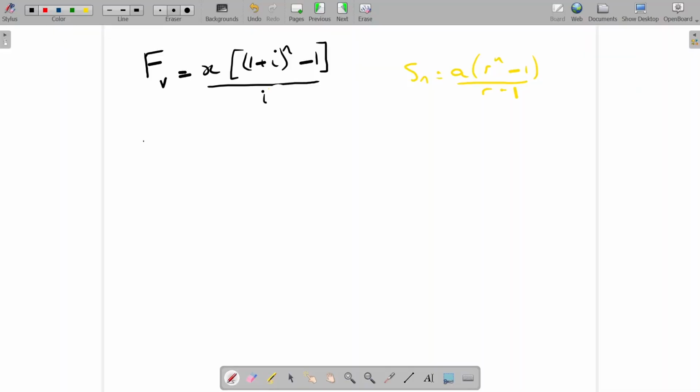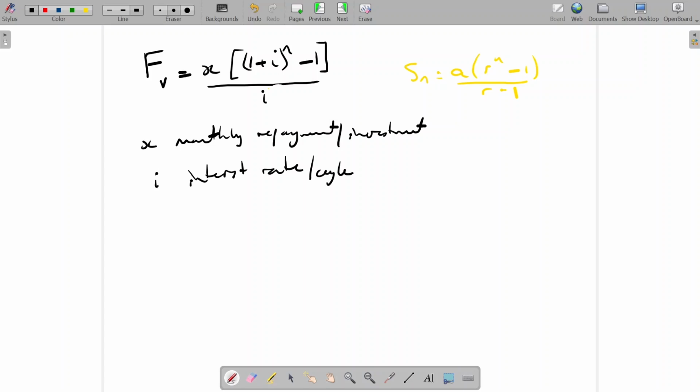X is my monthly repayment, or my monthly investment. I is my interest rate per cycle, and N is my number of cycles.